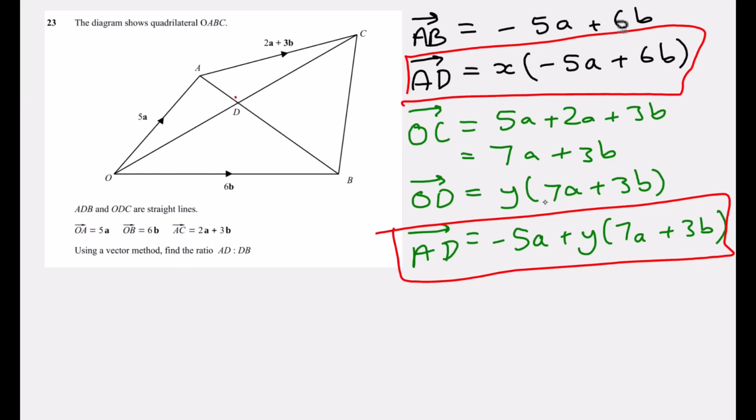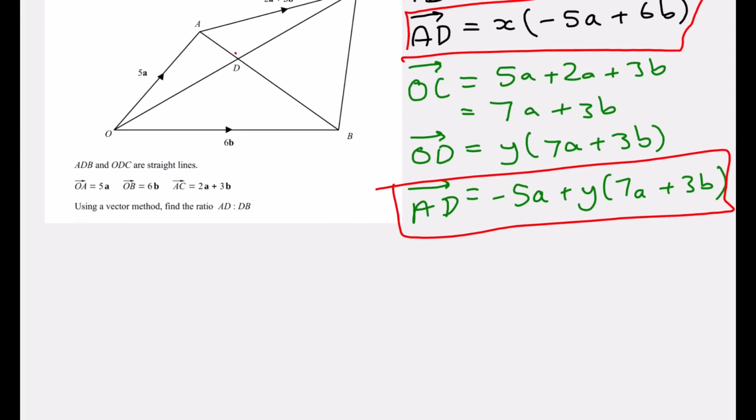So these two are both A to D, so they must be equal to each other. So X times (minus 5A plus 6B) must be equal to minus 5A plus Y times (7A plus 3B).